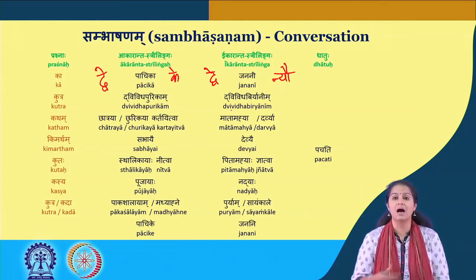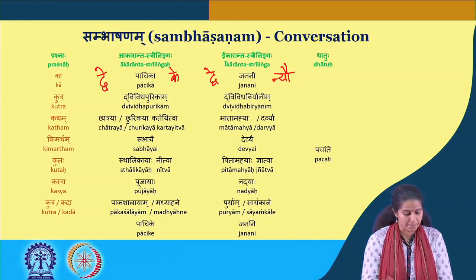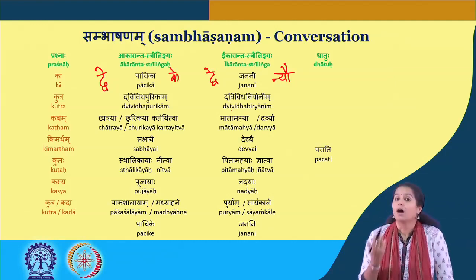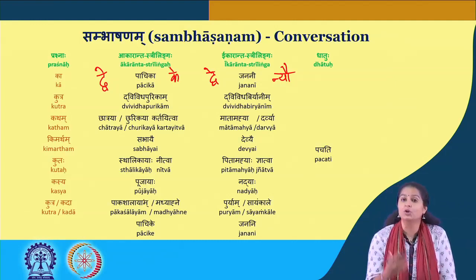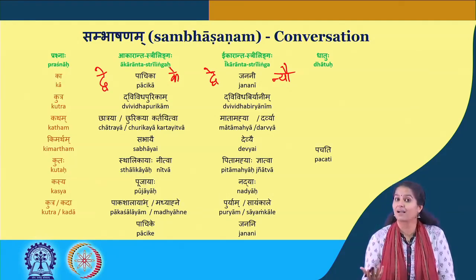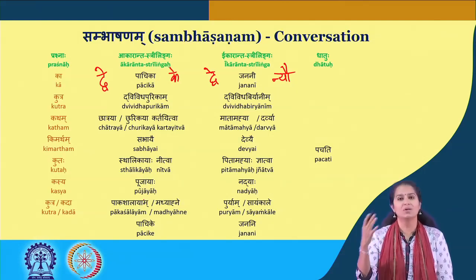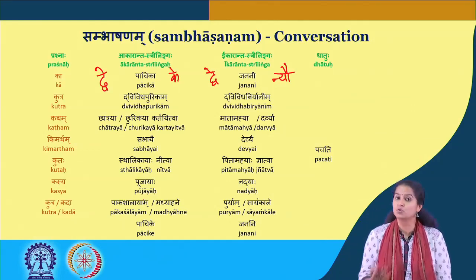So pita mahibhyam paka vidhim jyatva pachatah. Next, kayoho sabhabhyam, for which sabhas? So pujayoho sabhabhyam, and the other one was kayoho devibhyam, and the answer is nadyoho devibhyam. So the goddesses of the river, the two goddesses of the two rivers.